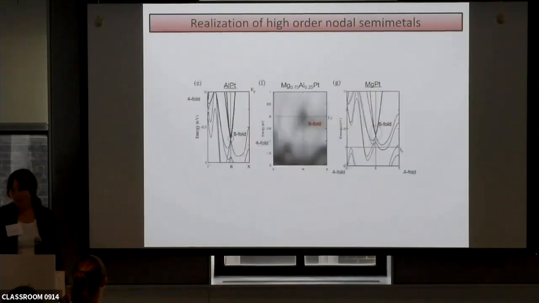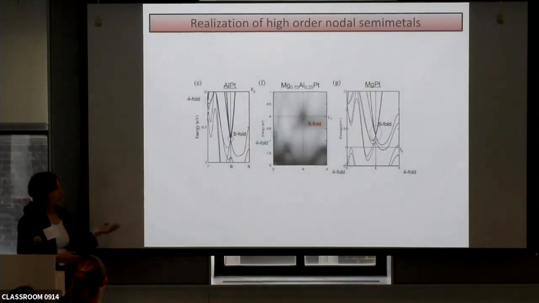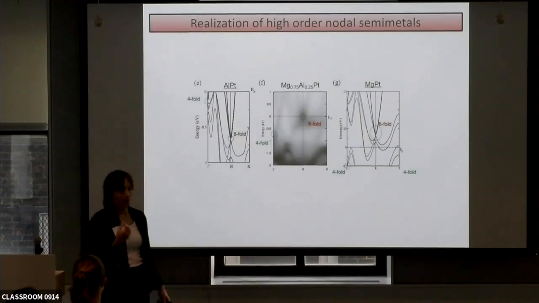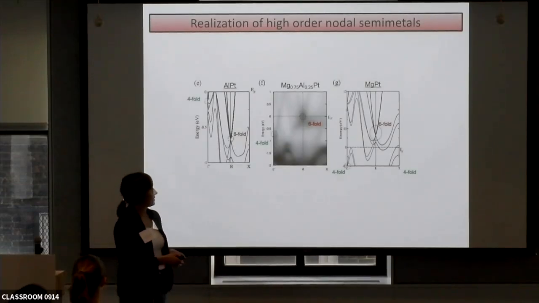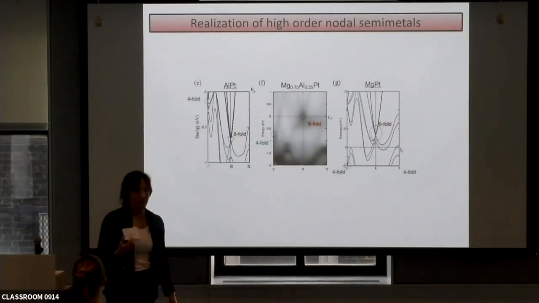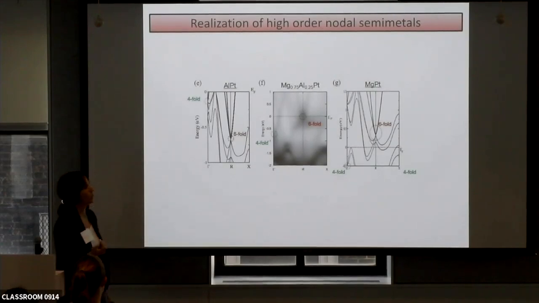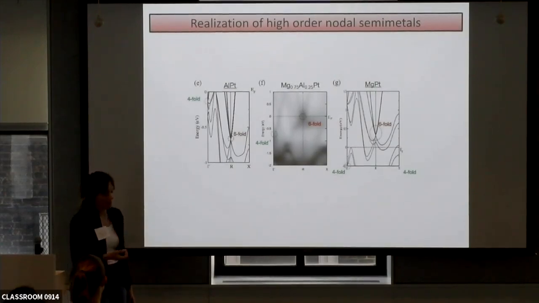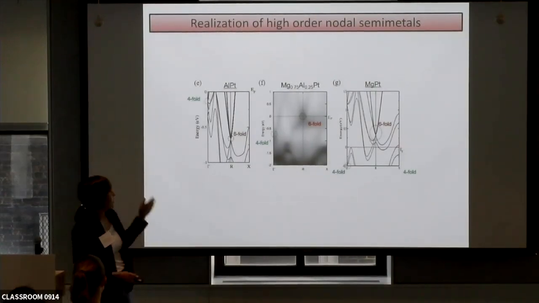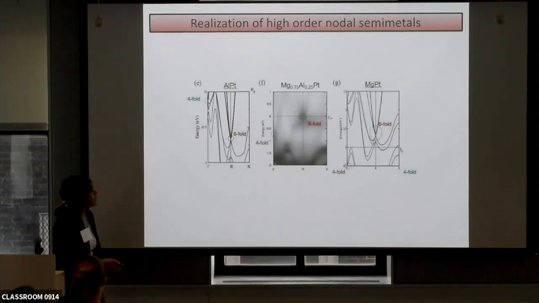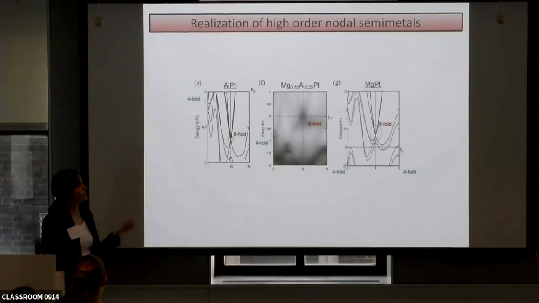Okay, so, however, we always find the sixfold below the Fermi level. And we wanted to actually put it at the Fermi level because like this, some other transport experiments can be done and reveal more topological signatures. So we thought that one way of lifting up the sixfold to the Fermi level was by designing an alloy.